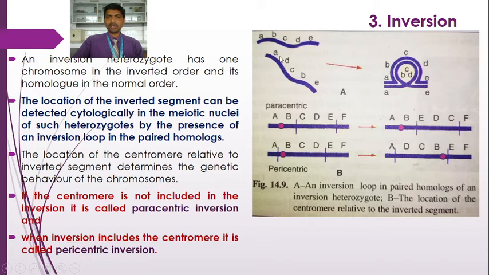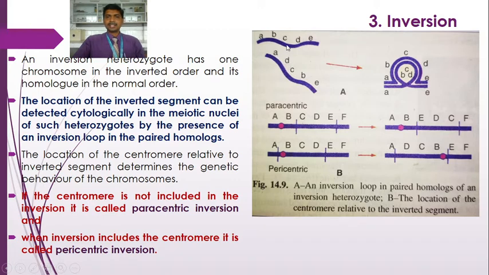So the gene order now becomes A D C B E. This is an inverted chromosome and this one is the normal chromosome. Previously both were homologous chromosomes, but in one of this homologous pair the inversion has occurred. So due to this the gene order has changed to A D C B E.